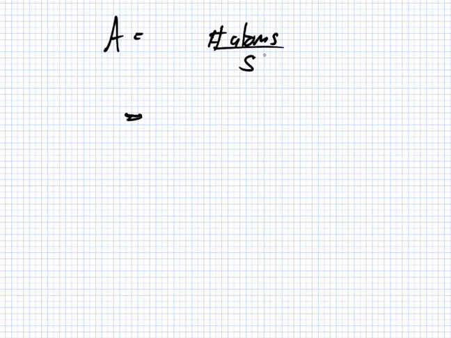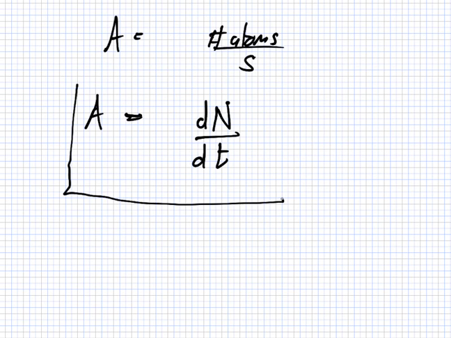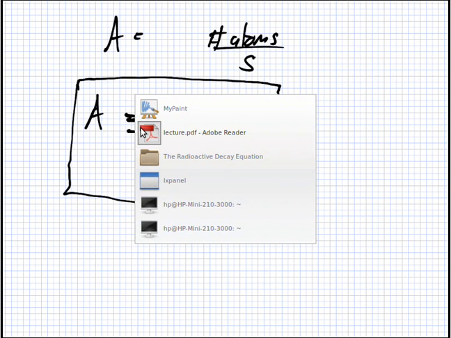N. And seconds is time. So in fact, activity is the rate of change of the number of atoms per time. dN dt. That's another way of defining activity. Okay, so you can just write A equals dN dt. You got that? Yeah?